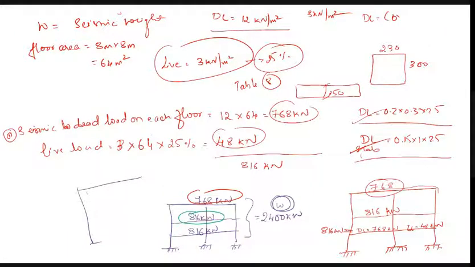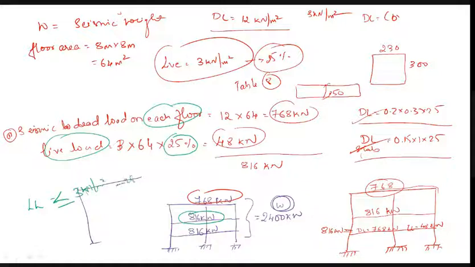So we will calculate the dead load and the live load on each floor. In live load, we will consider up to 25% when the live load is lesser than or equal to 3 kilonewton per meter square.